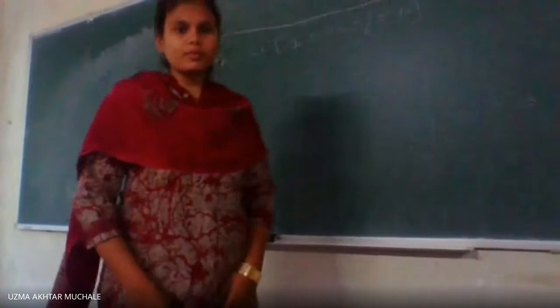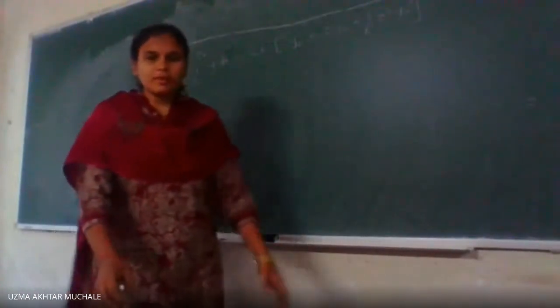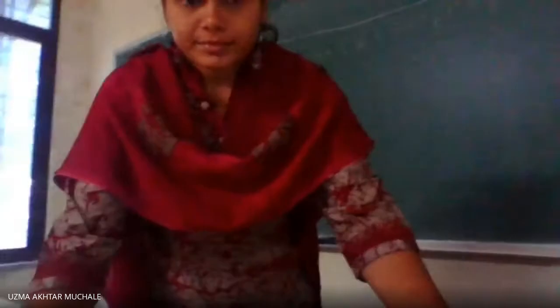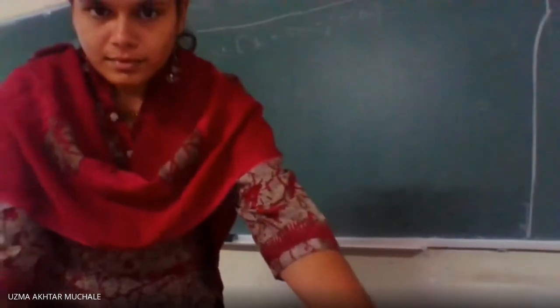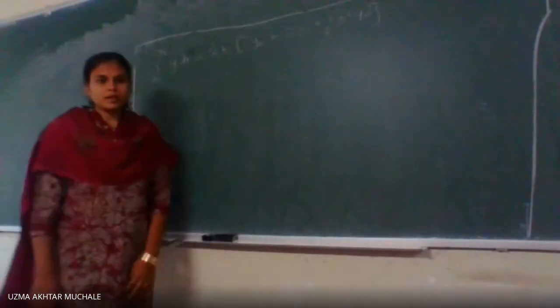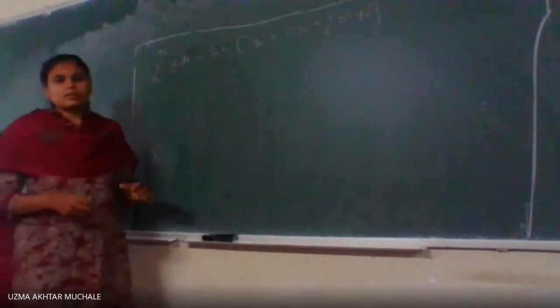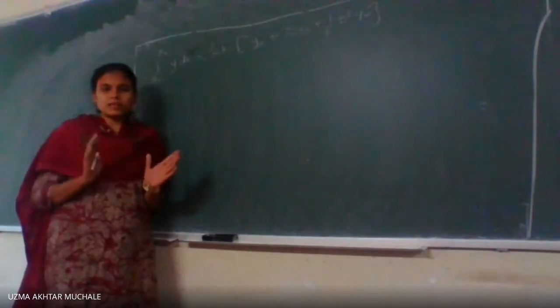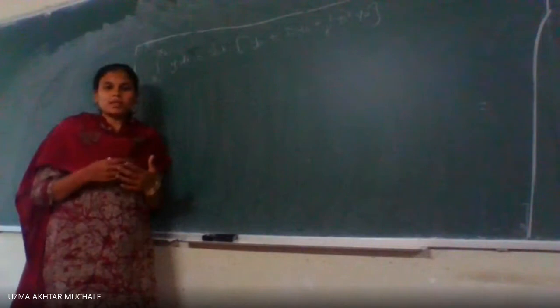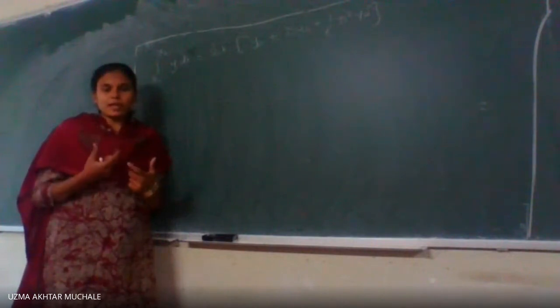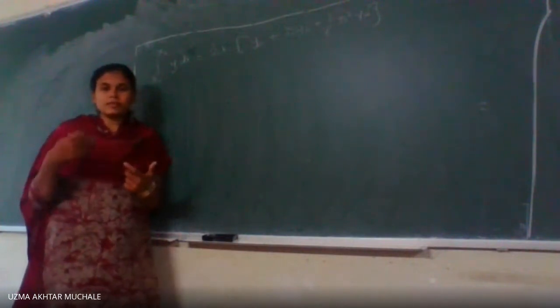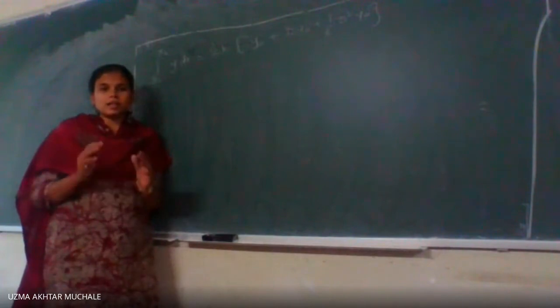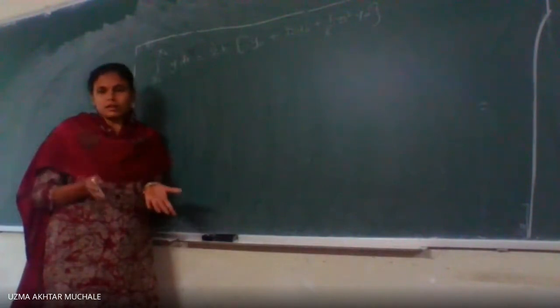We find it by finding the area of each and every trapezium, adding all those areas, and then you get the area under the curve.